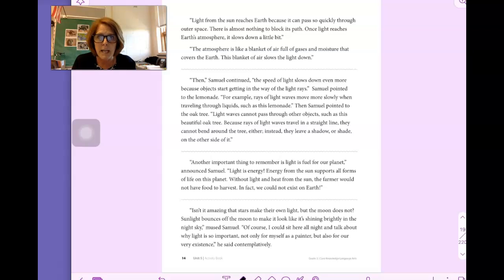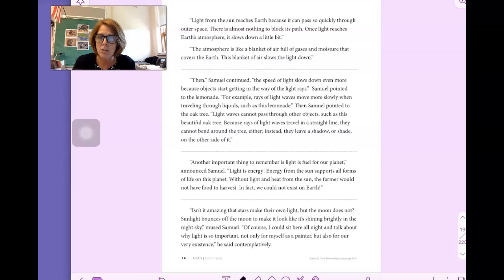Samuel pointed to the lemonade. For example, rays of light waves move more slowly when traveling through liquids, such as this lemonade. Then Samuel pointed to the oak tree. Light waves cannot pass through other objects, such as this beautiful oak tree. Because rays of light waves travel in a straight line, they cannot bend around the tree either. Instead, they leave a shadow or shade on the other side of it.